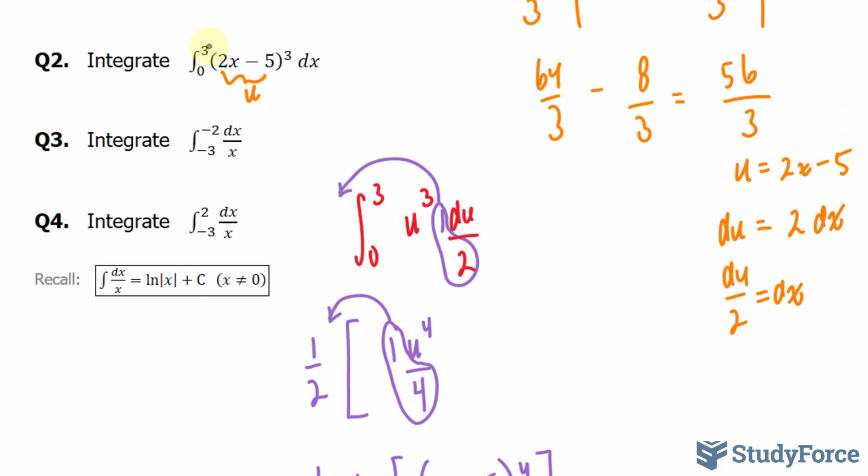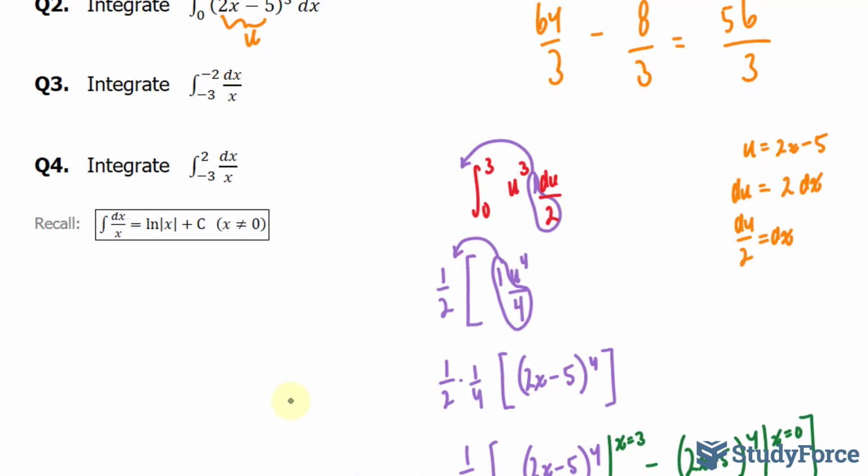Let's move on to question 3. In question 3, they ask us to integrate between negative 3 and negative 2 for the function 1 over x. To do this problem, we will be using the following relationship where the integral of 1 over x is simply ln absolute of x plus c. That's the indefinite integral. So I'm going to use ln x for this. The integral of 1 over x is ln absolute of x.